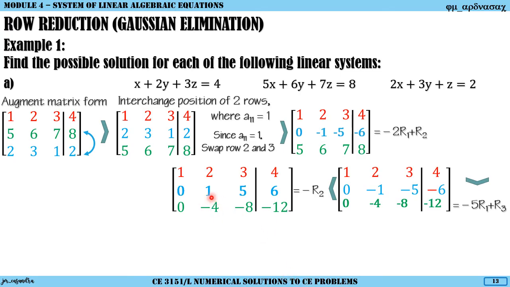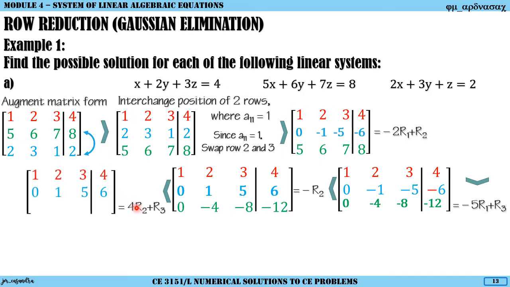So next, we want to change the element below our second diagonal equal to 0. So we do that by 4 times R2 plus R3.